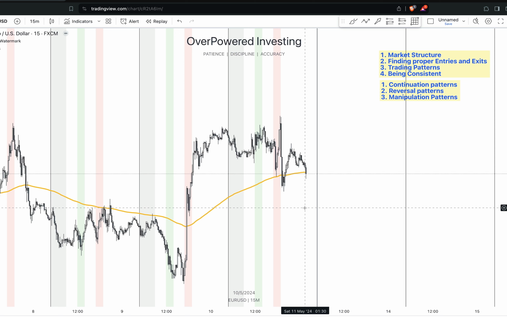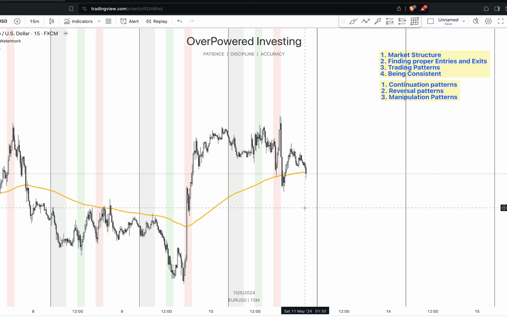You literally lost one trade, won one trade, and you're down 7%. But in reality, the first trade you won, that was 3%, and the second one was a loss, that was minus 1%. So literally, you should have been up 2%. This is how risk management works.